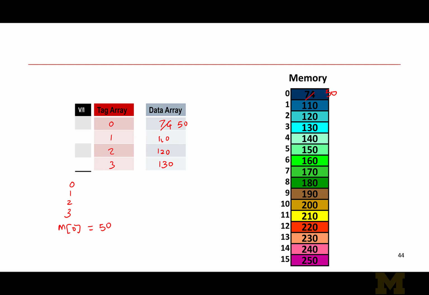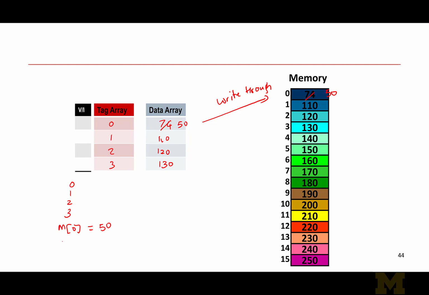If the answer is yes, for every write I am going to write through the latest value to memory. It's called a write through cache. So in the case of a write through cache, on a write, I'm not only going to update the value in my cache, but I'm going to write it through to memory.